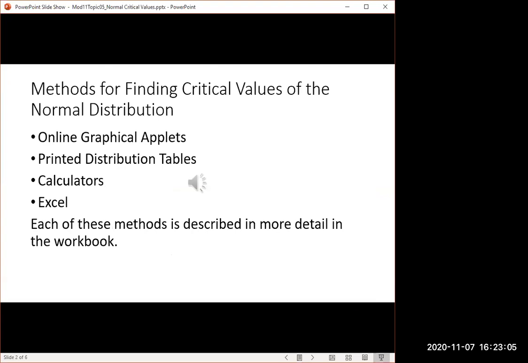So the methods available to us to solve this problem of finding a critical value are really the same methods that we had for finding the areas. We had the graphical applets, the printed distribution tables, the calculators in Excel. In the previous lecture, I demonstrated those graphical applets.